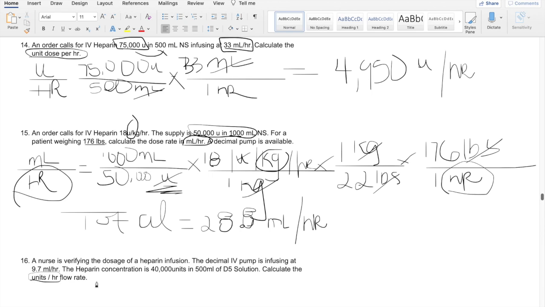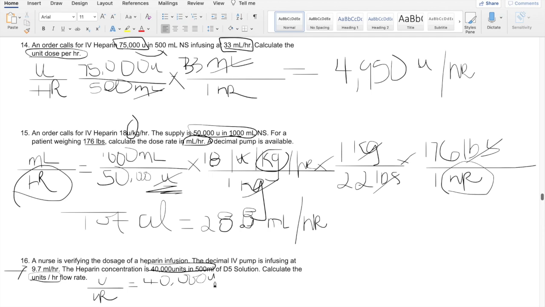So moving on, number 16, they're asking us for units per hour. So I already started writing out the units over the hours, and I see here that it's 4,000 units in 500 milliliters. A way to remember is whatever your formula is what you're going to try to find.